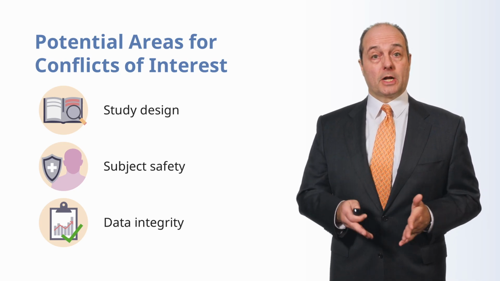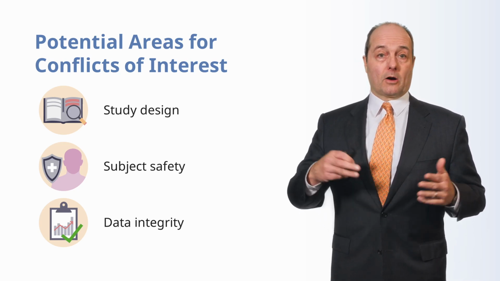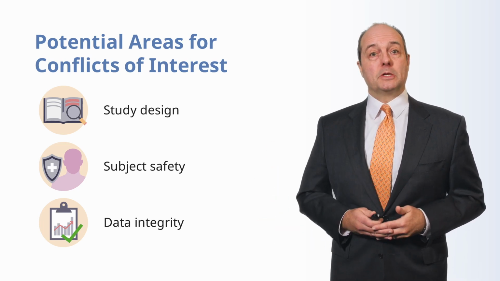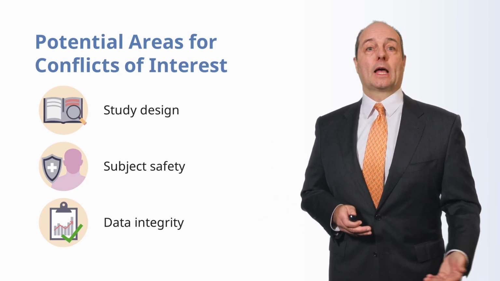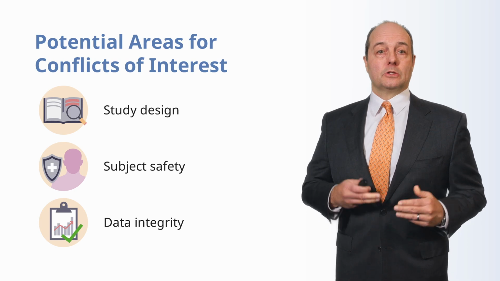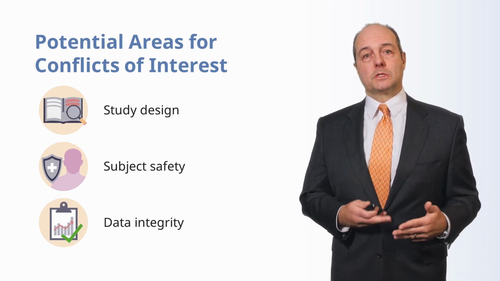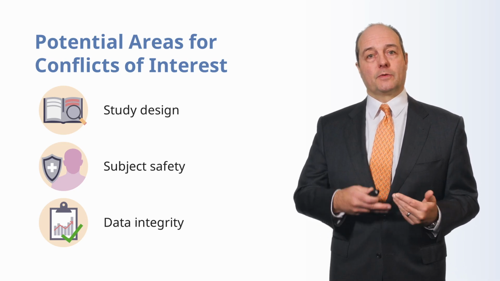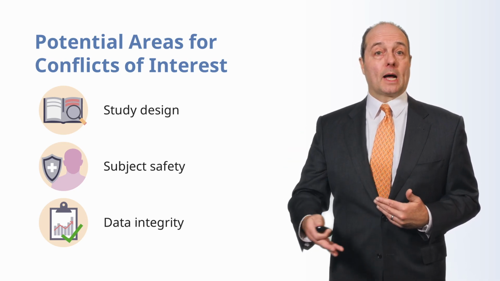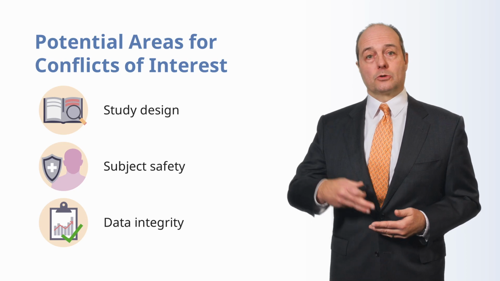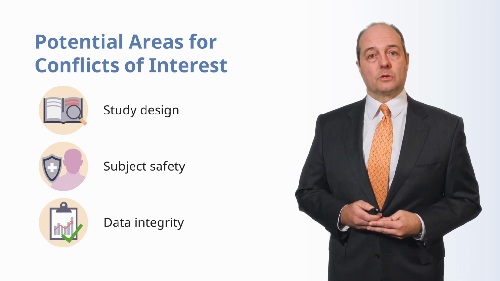Are you actually generating valid results? Are you cutting corners? Are you misrepresenting data in order to have your personal interests met? So all of these things become a concern when you're a clinician investigator involving human subjects. You want to make sure that these conflicts of interest are not prejudicing or biasing how you conduct the research or how you analyze the results once the research is done.